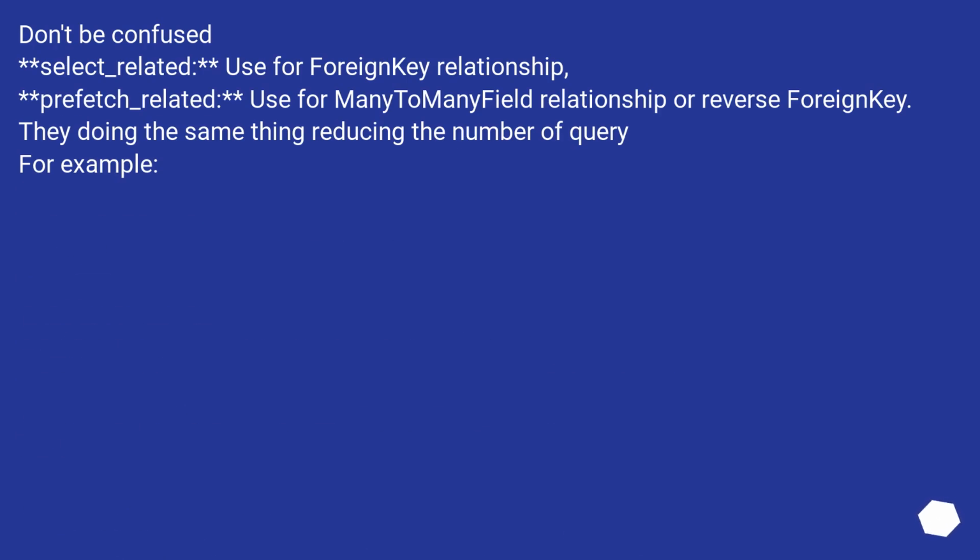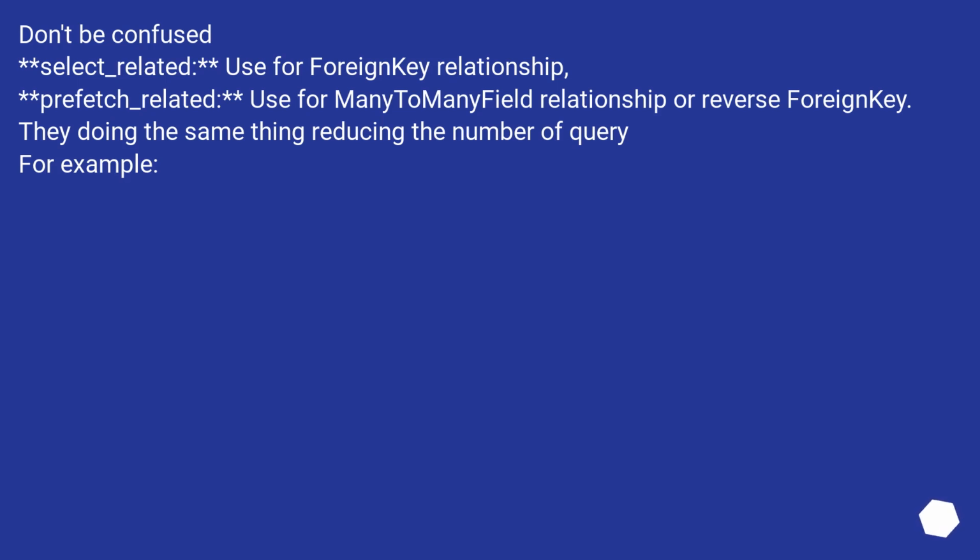Don't be confused. Select_related is used for foreign key relationships. Prefetch_related is used for many-to-many field relationships or reverse foreign keys. They're doing the same thing, reducing the number of queries.